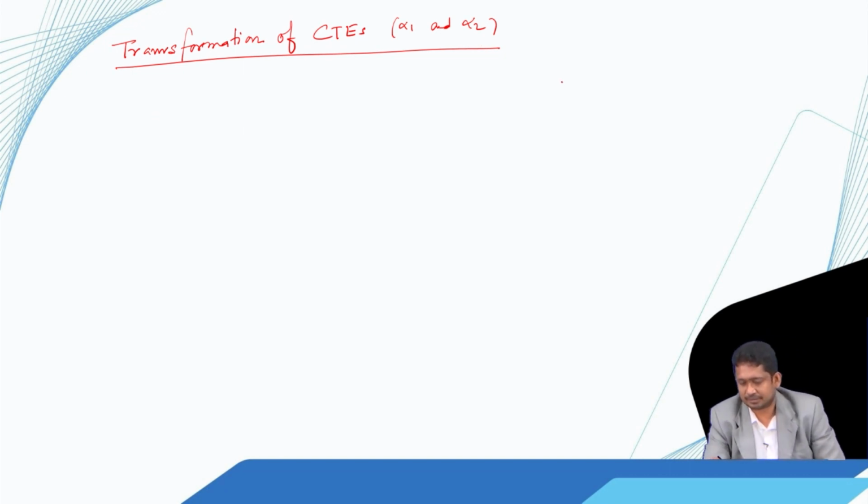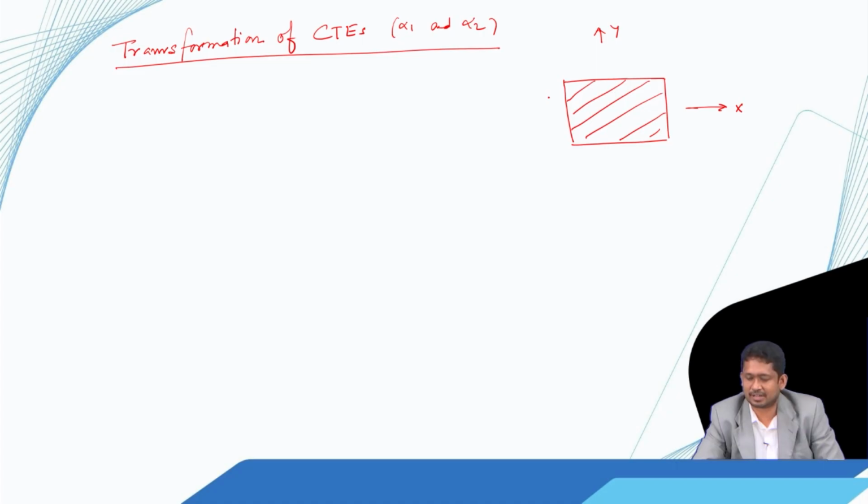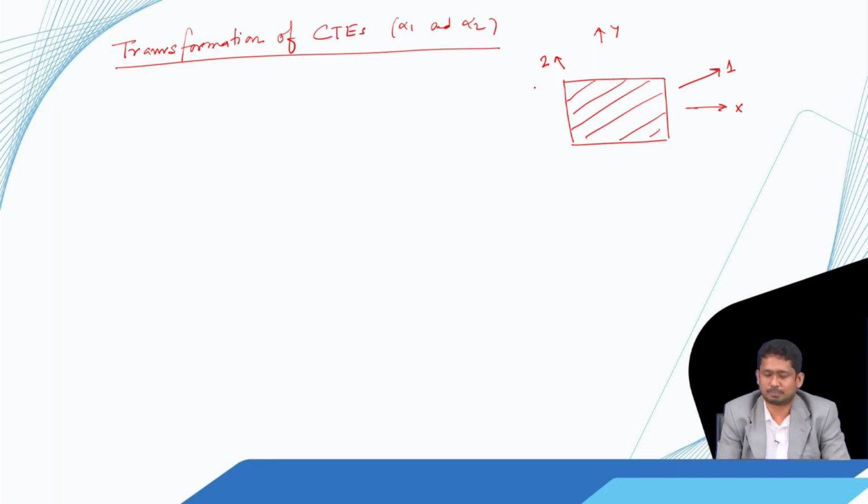Again the transformation is between axis 1 2 and axis xy. So, we have a system xy that we use for analysis, and fiber direction is 1 and matrix direction is 2.